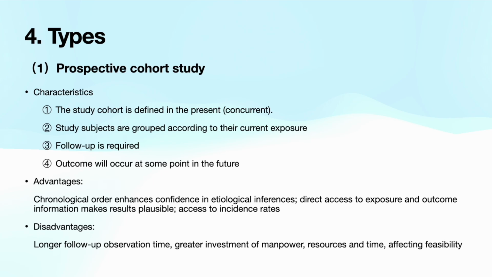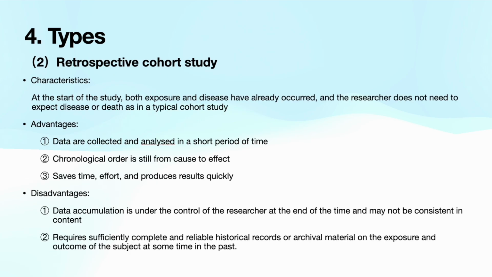The advantage of prospective cohort study is that the chronological order enhances confidence in etiological inferences, direct access to exposure and outcome information makes results plausible, and it gives access to incidence rates. While longer follow-up observational time, greater investments of manpower, resources, and time affecting feasibility are the disadvantages too.